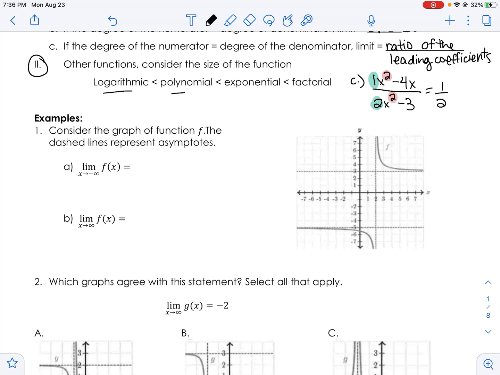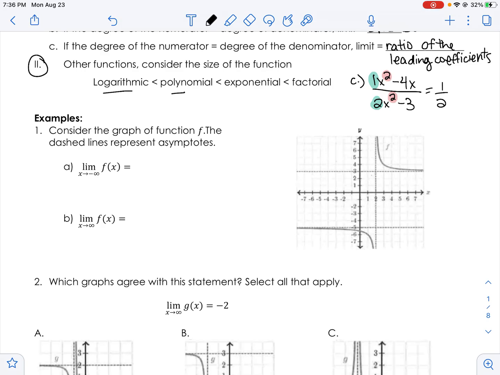Okay, our first example. Consider the graph of the function f. The dashed lines represent the asymptotes. We want to know the limit as x approaches negative infinity of f of x.